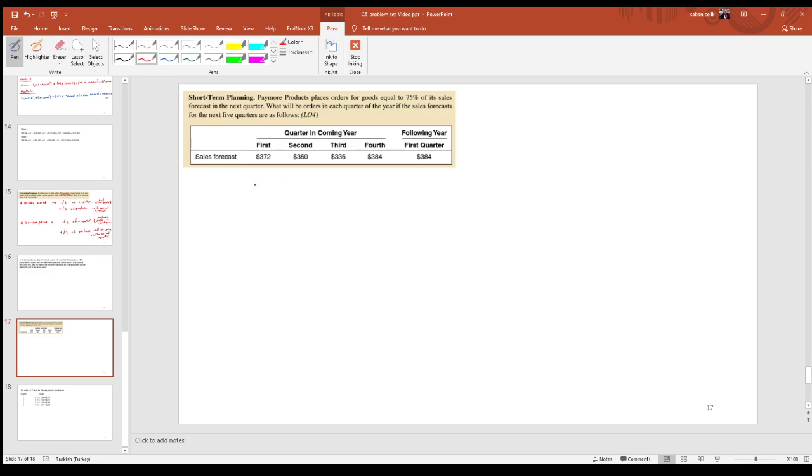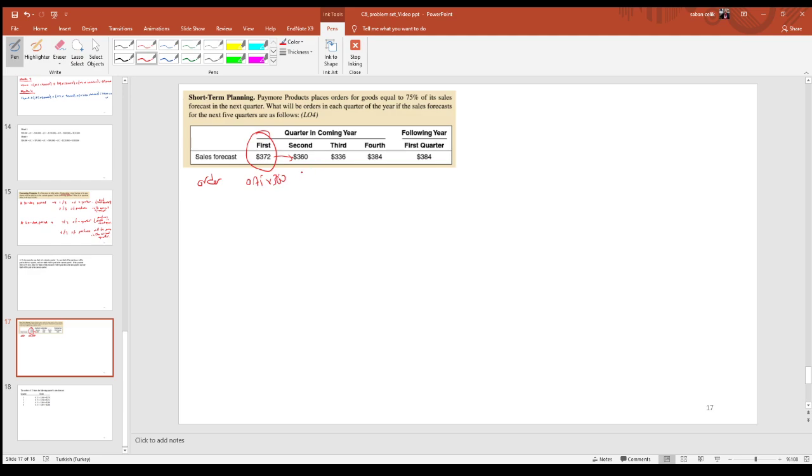So we need to find orders. The order for the first quarter will be 75% of the next quarter estimate. So this is going to be 75% times 360.